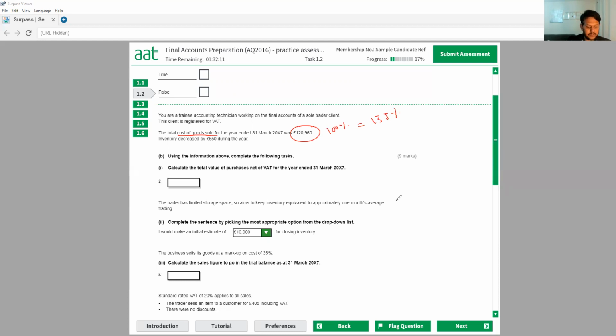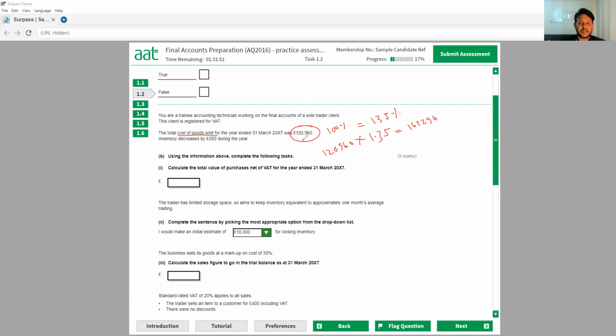You can divide by 100 and times by 135, or you can just multiply. 120,960 times 1.35 will give you the same figure. That is 163,296. So you have to increase by 35%.